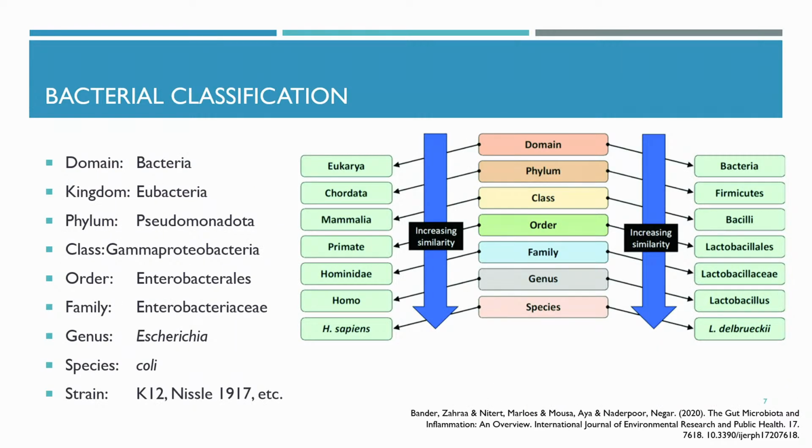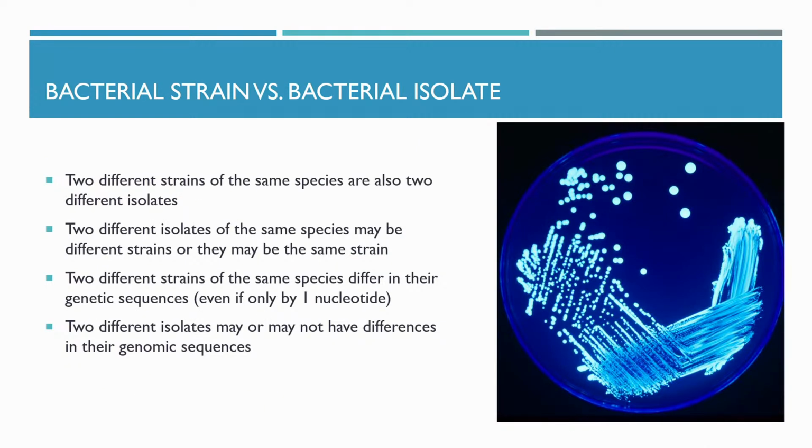So remember, we have species here, and then there could be strains beneath that. Two different strains of that same species are also different isolates. And if you have two different isolates that are the same species, they could be either the same strain or a different strain. This might get a little confusing, but just bear with me here.